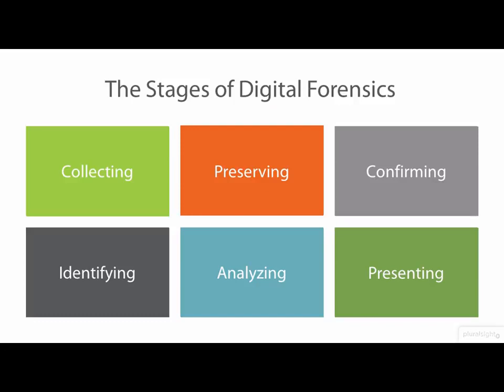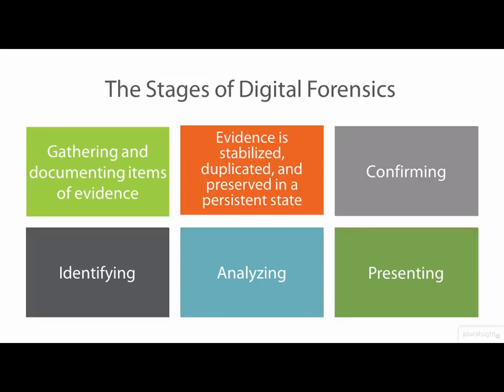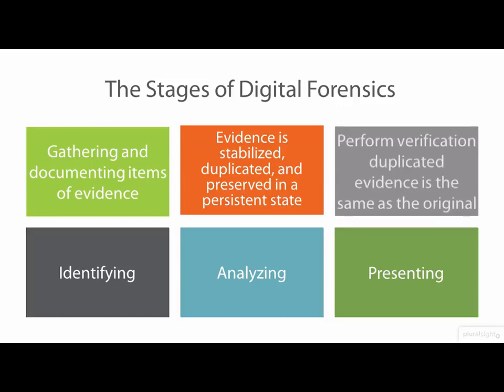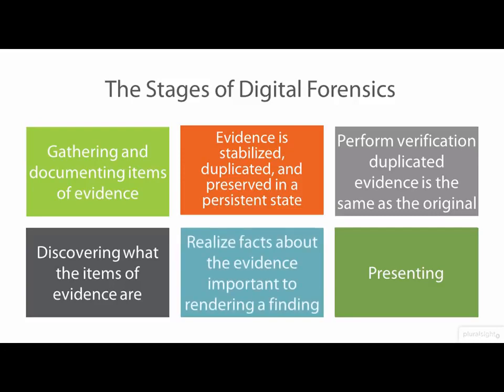The 6 major stages of a forensics investigation are collecting, where you gather and document evidence; preserving, where the evidence is stabilized, duplicated, and preserved in a persistent state; confirming, which is performing verification of the integrity of the preserved evidence; identifying, which is discovering what the evidence is; analyzing, which is realizing facts about the evidence that are important to rendering a finding; and presenting, which is the documentation and reporting on the findings of your forensic investigation.